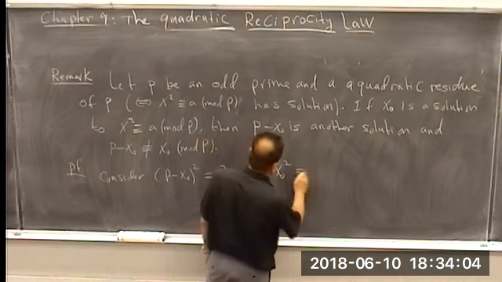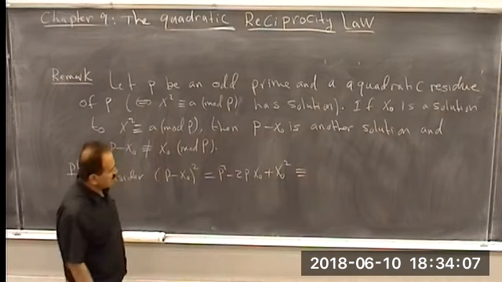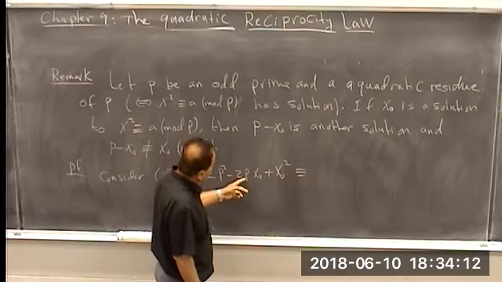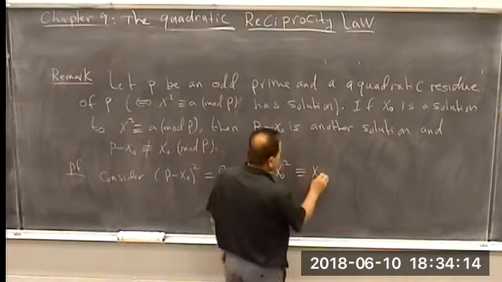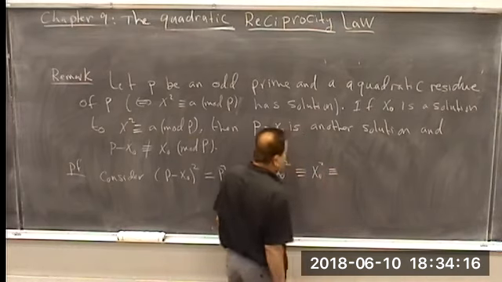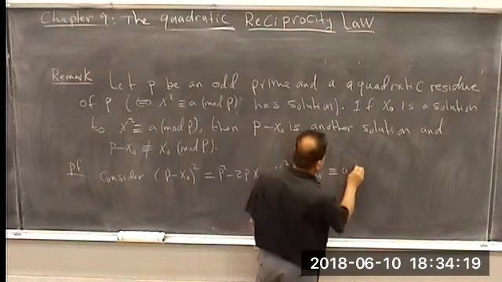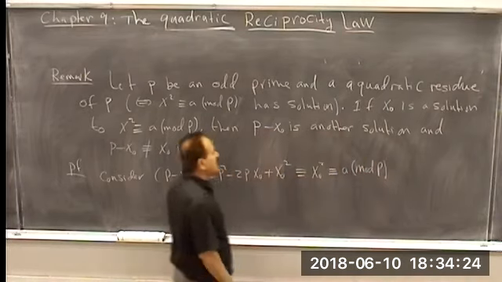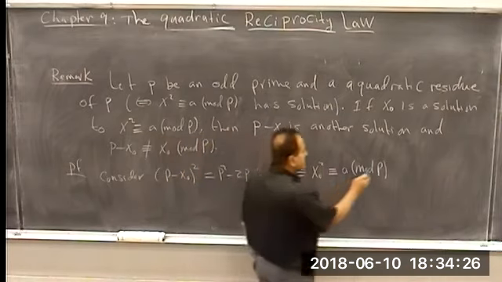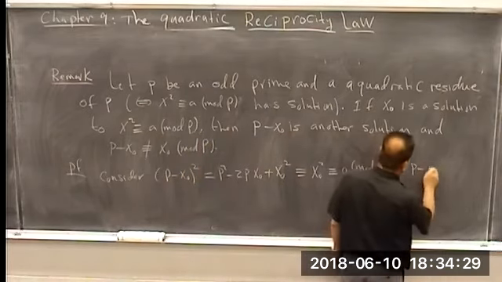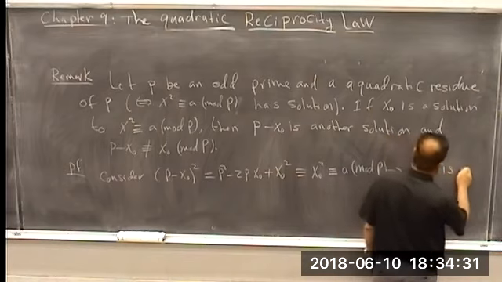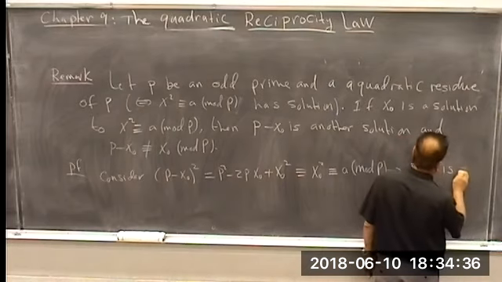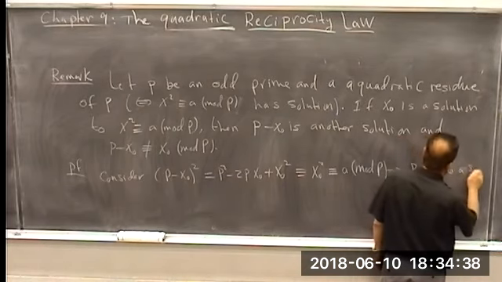Now, taking this as a congruence, p squared is 0 and the 2p x sub 0 term is 0, so this becomes x sub 0 squared. And we know this is congruent to a because x sub 0 is a solution mod p. So this implies that p minus x sub 0 is a solution.